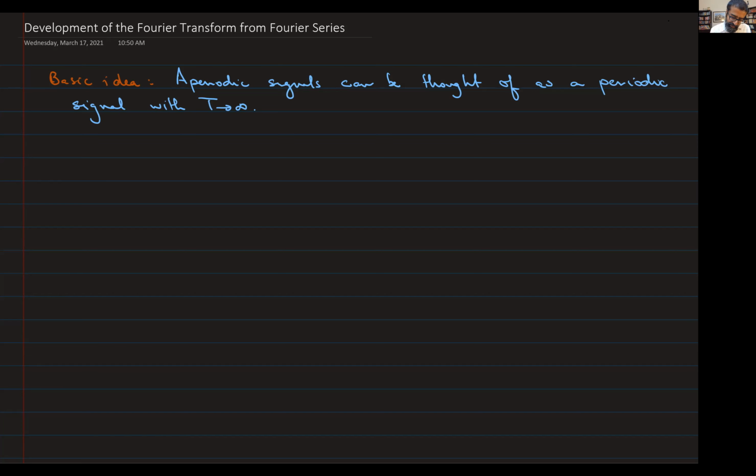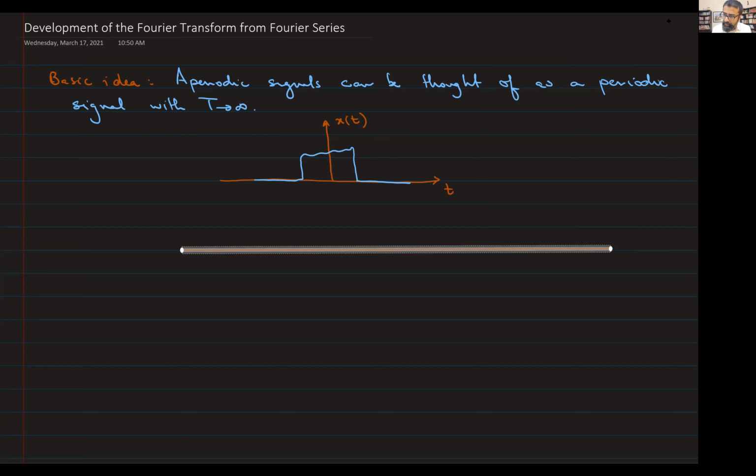And for this, let me give you an illustration, right? Let's say there's an aperiodic signal, which is x of t. And what that looks like is the following. Let's say that's an arbitrary signal, which looks like this. It goes up and something like this, right? This is x of t. Now let me visualize a periodic counterpart for this signal.